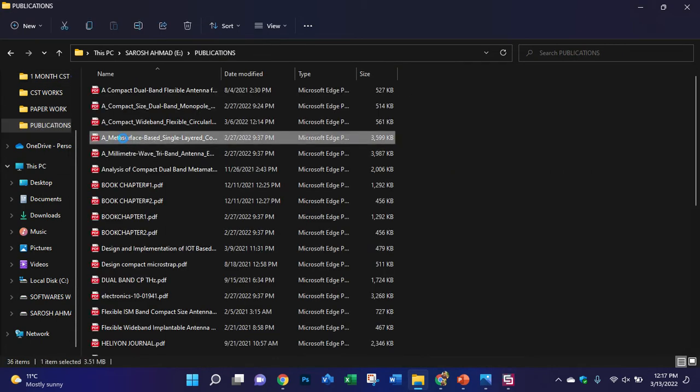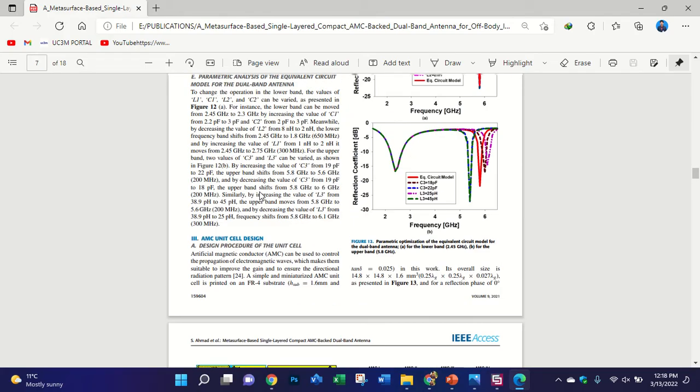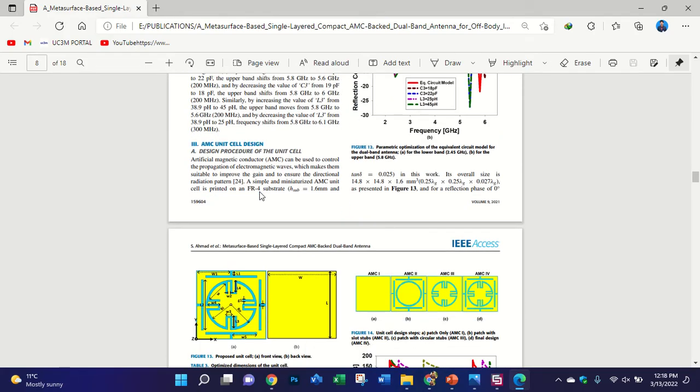Mr. Ahmed, I have a confusion. Why, when you verify or check this unit cell, AMC or FSS, do you not check from permittivity and permeability? Actually, as I told you, both have the same.